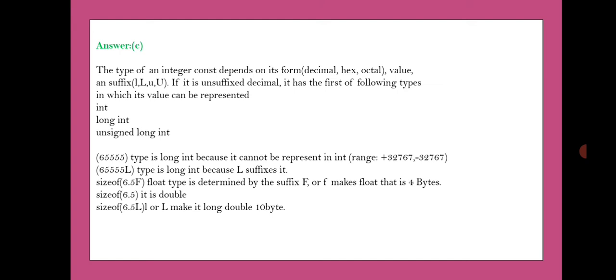Sizeof 6.5F is float type, determined by the suffix F or small f, which makes it float, that is 4 bytes. So sizeof 6.5 is double. Sizeof 6.5L, small l or L makes it a long double, right?